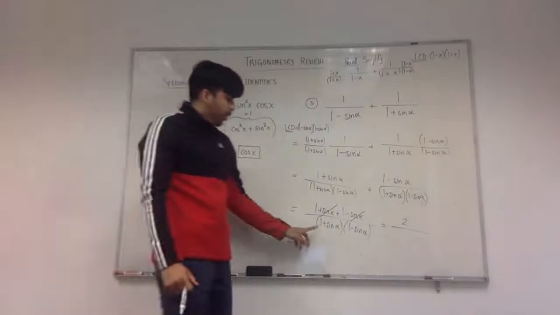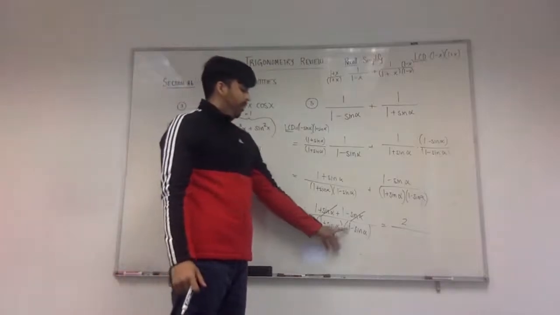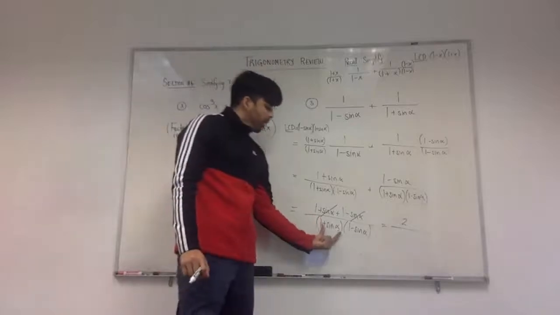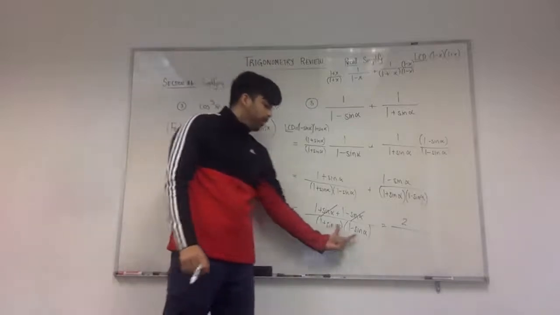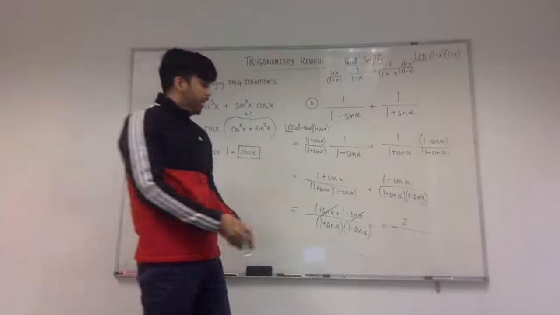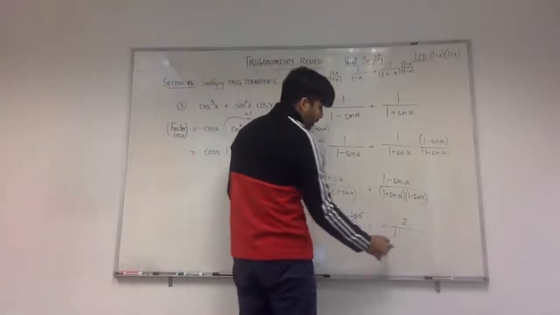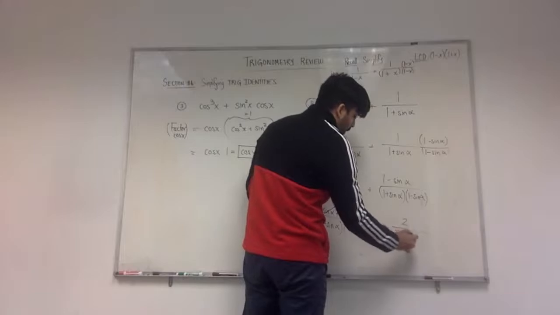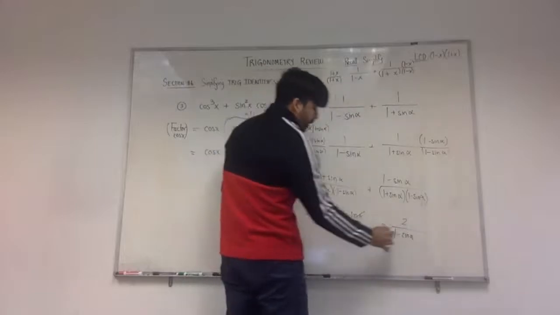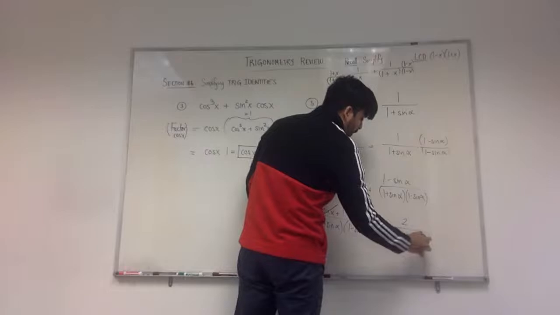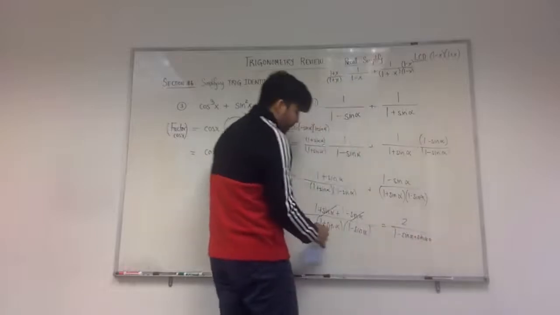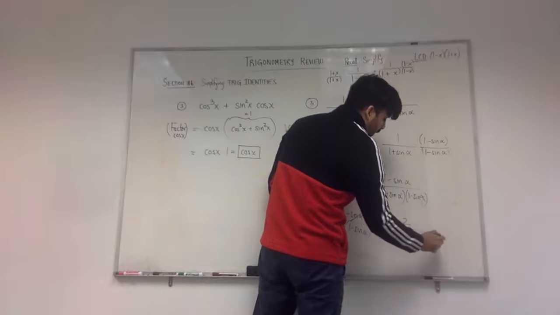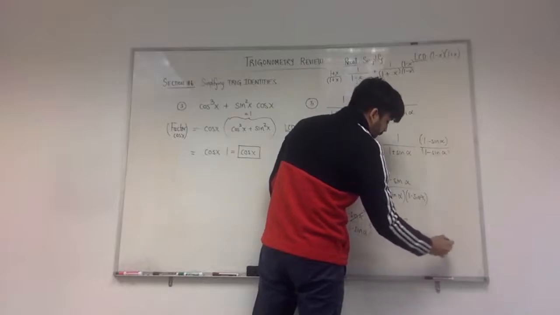Look what we have. 1 plus sine alpha times 1 minus sine alpha. And if I multiply these two factors here, I need to FOIL, right? So I need to multiply 1 times 1 and I get 1. 1 times negative sine, I get negative sine alpha. Sine alpha times 1 is plus sine alpha. Plus sine alpha times negative sine alpha is negative sine squared alpha.